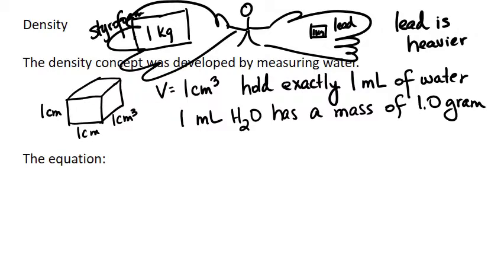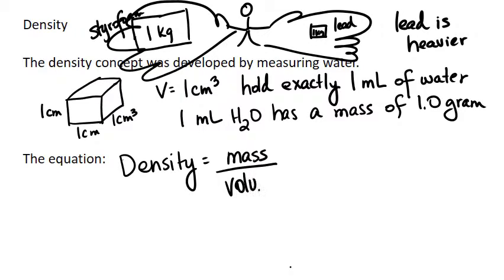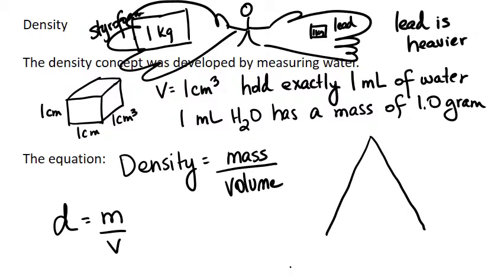Okay? Density is the ratio value between the mass and the volume. So our equation is that density is equal to the ratio of the mass of an object compared to its volume, and the equation is D equals M over V. Now if you look up above the whiteboard, there's a triangle up there.